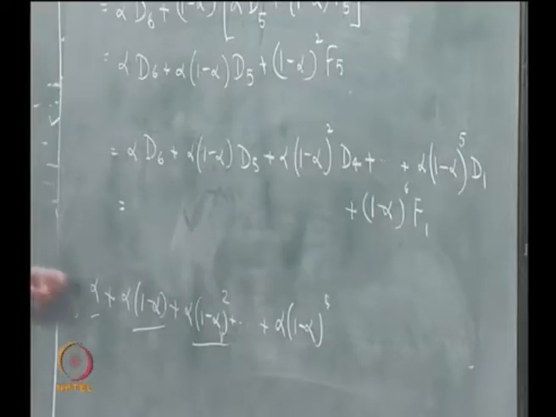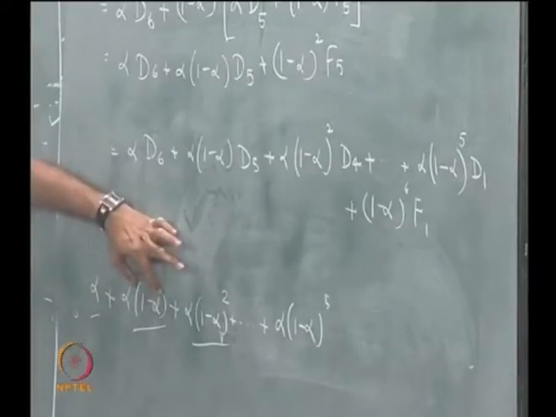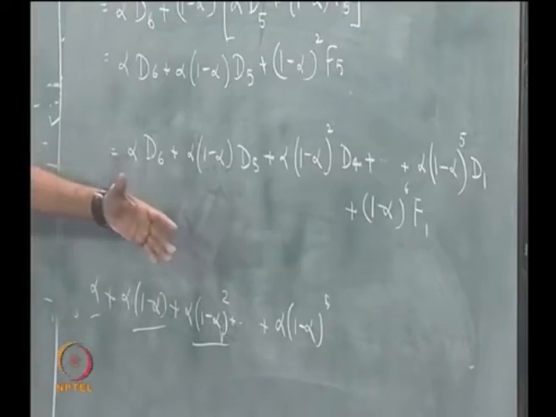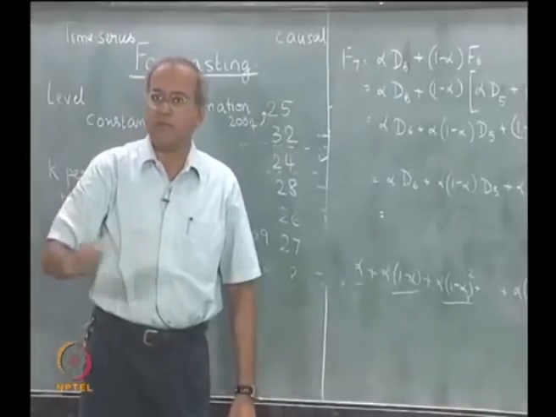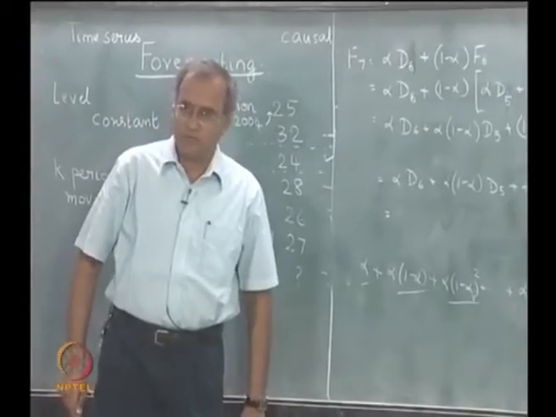Each term is multiplied by a 1 minus alpha. So, it is a finite geometric series. The sum of terms of a finite geometric series is a into r to the power n minus 1 by r minus 1, if r is greater than 1, and a into 1 minus r to the power n by 1 minus r if r is less than 1.